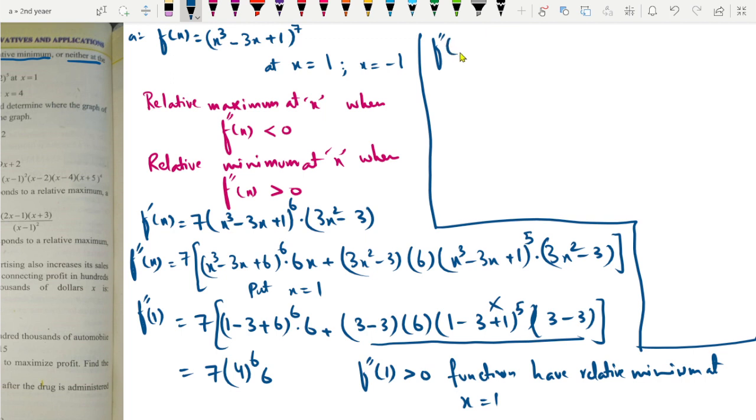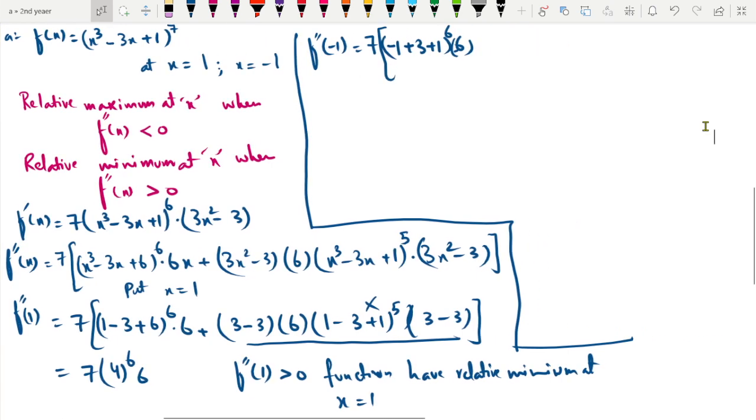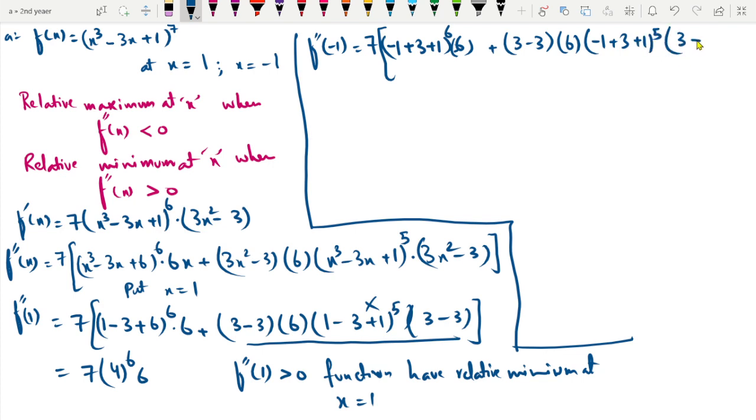So f double prime of minus 1 will become 7 into (minus 1 plus 3 plus 1)^6 into minus 6, plus 3 into 3 minus 3 times 6 into (minus 1 plus 3 plus 1)^5, and 3 minus 3.